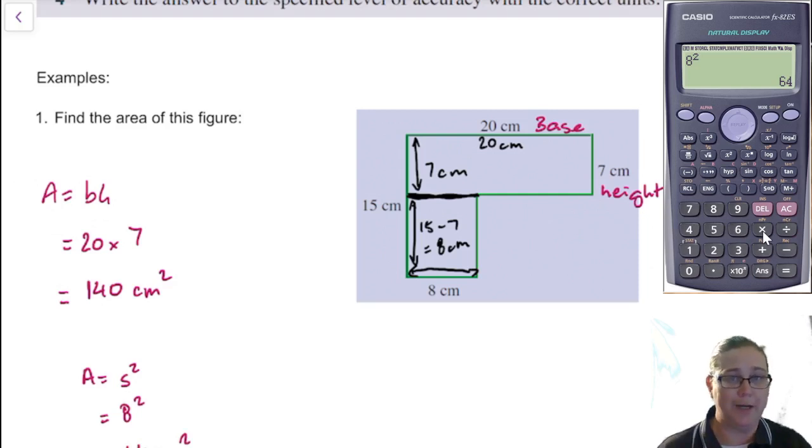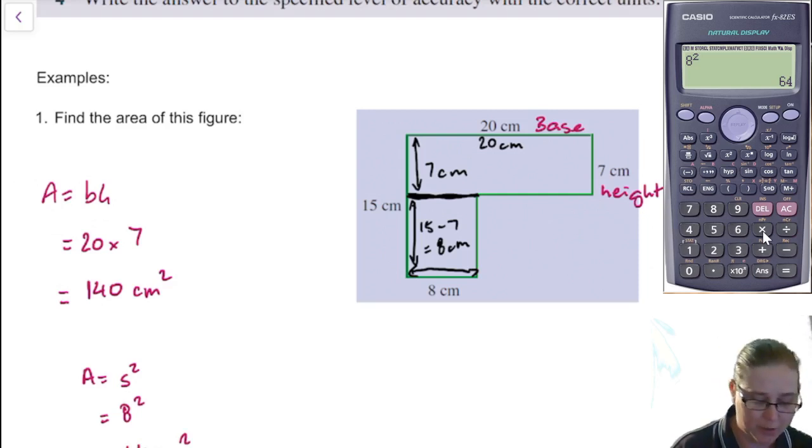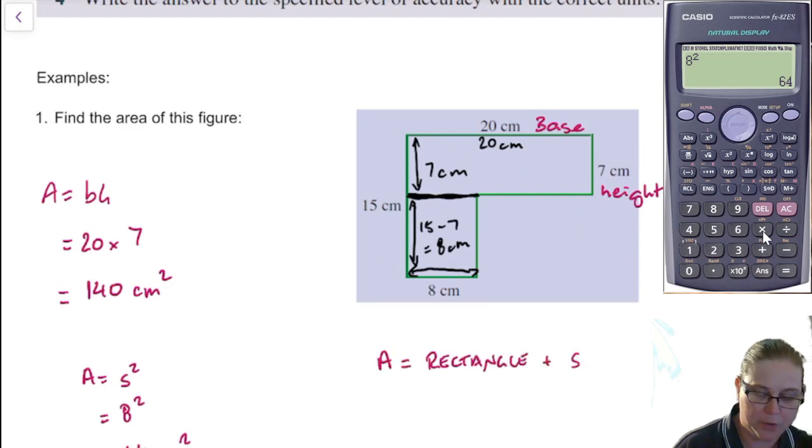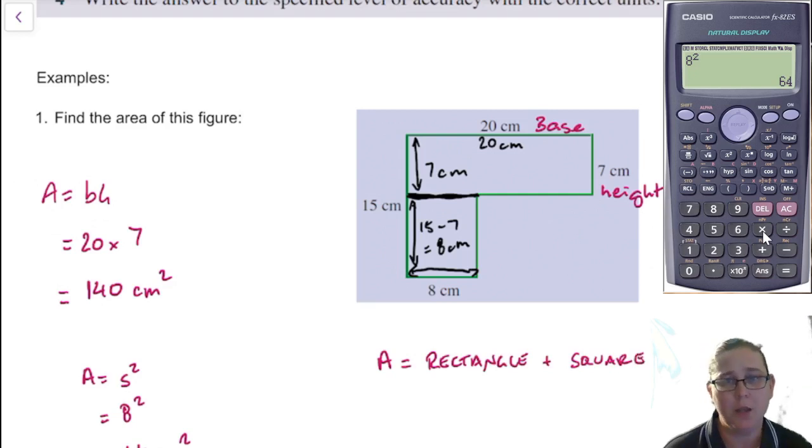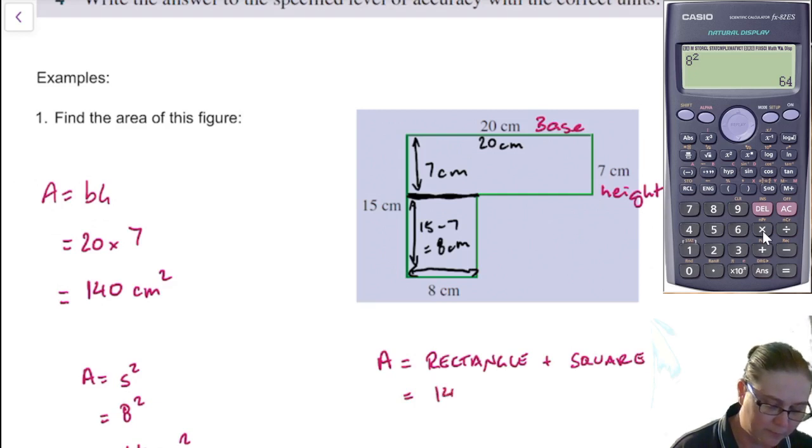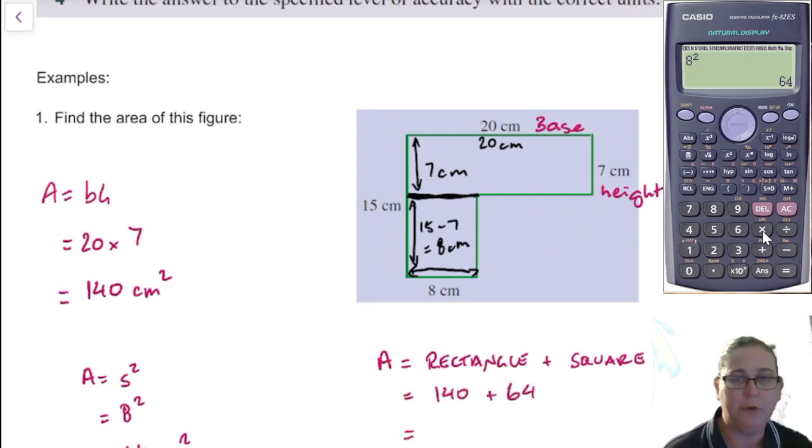To get the whole composite shape now, we want to add the rectangle to the square. So we need to add those two shapes together. That will give me 140 plus 64. Now, if you notice, 64 is already on our calculator.